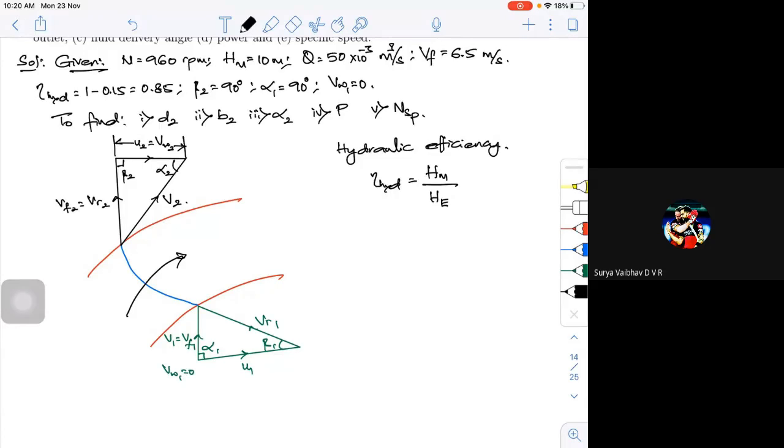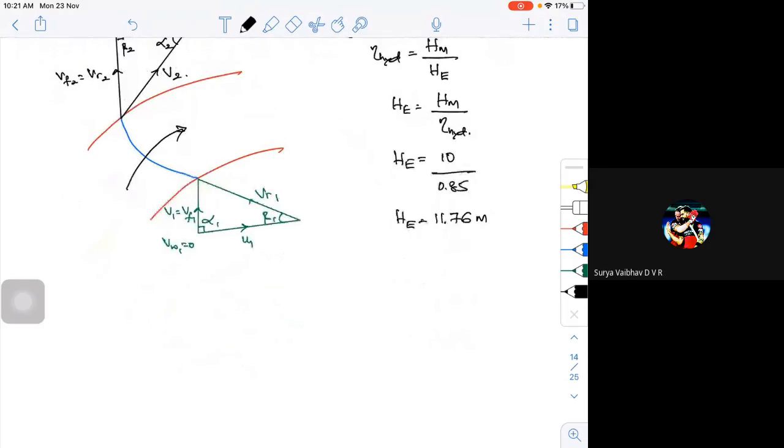Then the Euler head is equal to manometric head divided by your hydraulic efficiency. They have given the manometric head as 10 meters and hydraulic efficiency as 0.85. So I'll be able to calculate my Euler head, that is 10 by 0.85. I am getting from the calculator 11.76 meters.